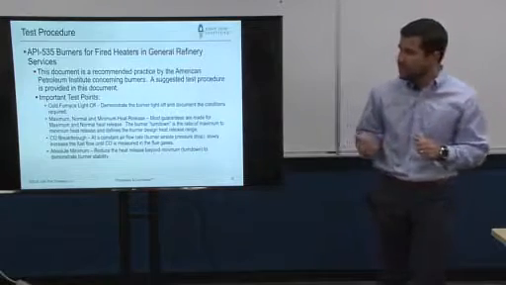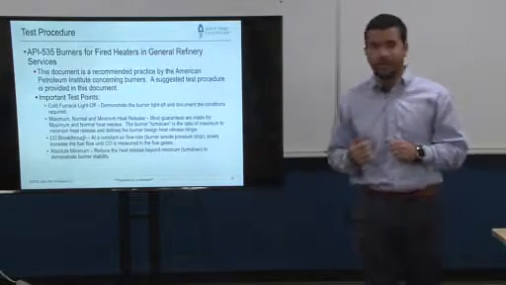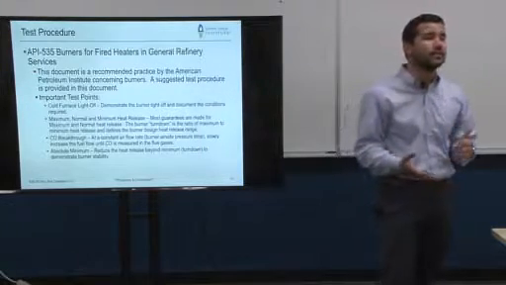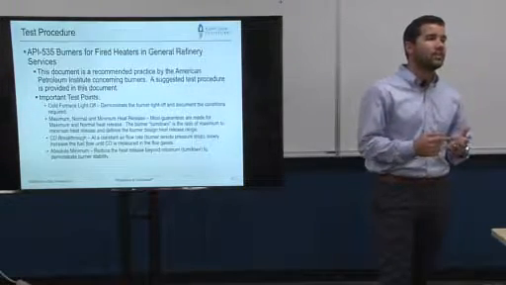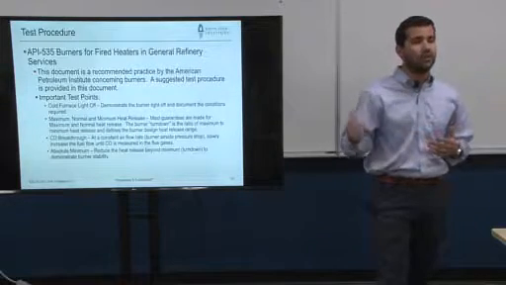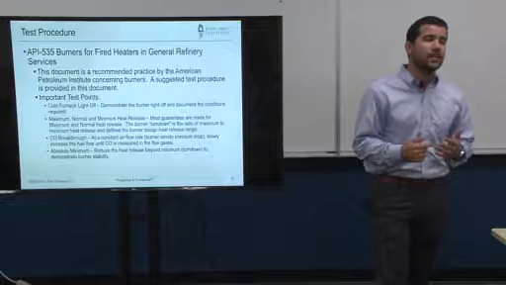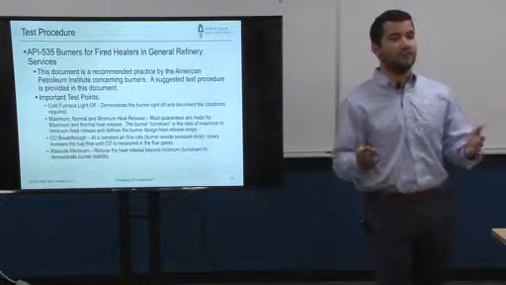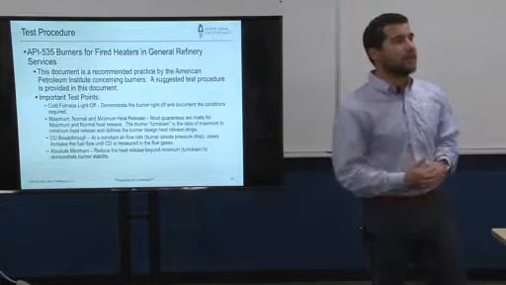I know the number of points may seem a little bit trivial. If you count them, there are probably going to be 7 or 8 points. But then you factor in whether the burner has more than one fuel, and you have to do all of those for every single fuel. Then you factor in natural draft and forced draft, and you have to do it for those cases too.